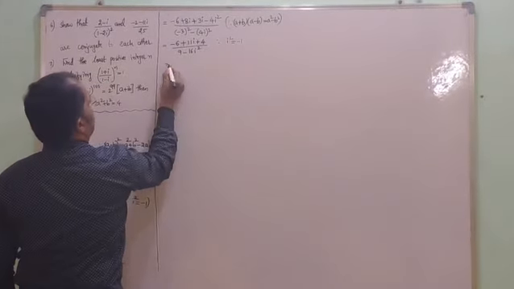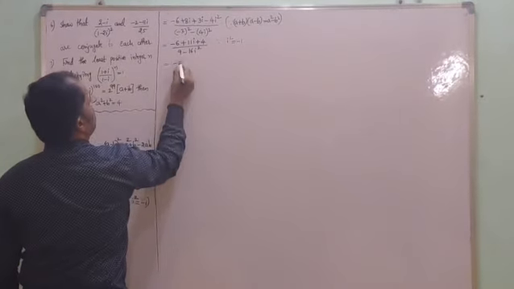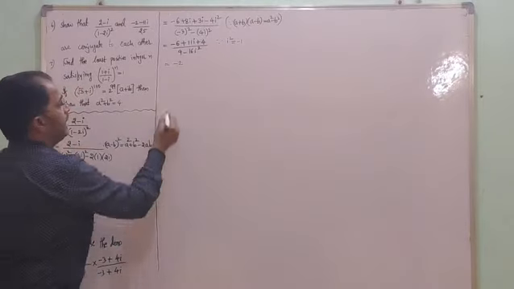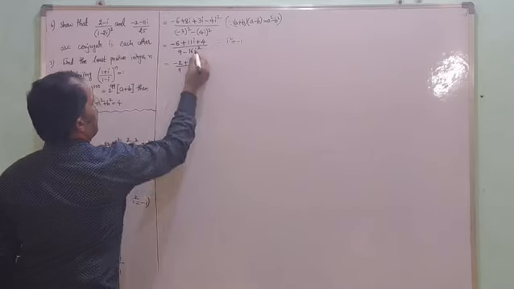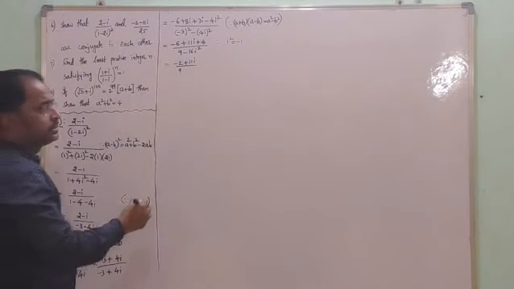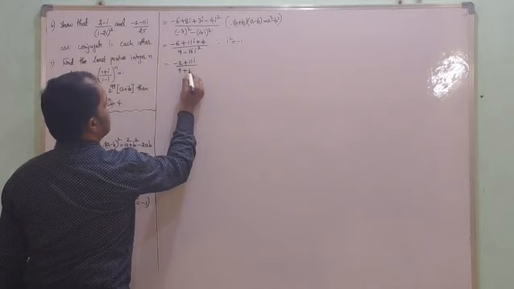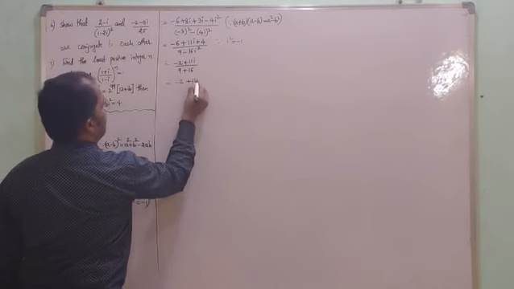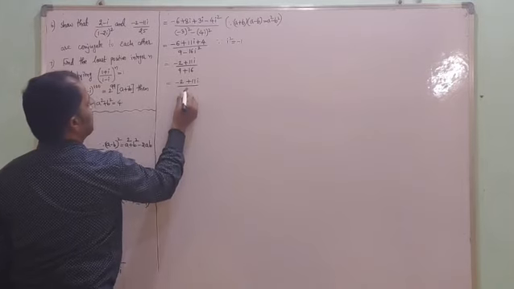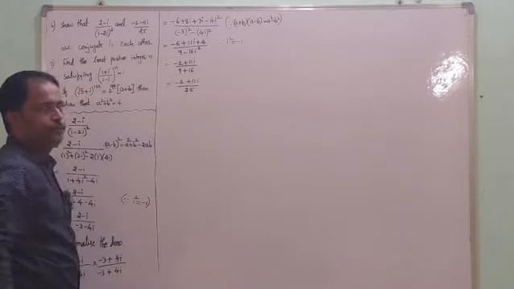So minus 6 plus 4 is minus 2. Then plus 11i as it is, by 9. i square means minus, so minus into minus is plus 16. Minus 2 plus 11i by 9 plus 16 is 25.